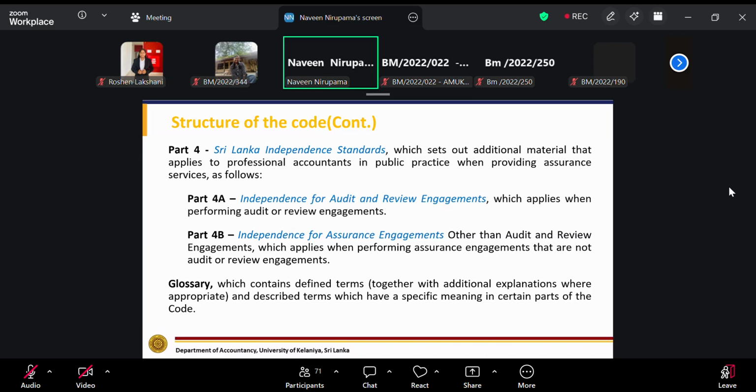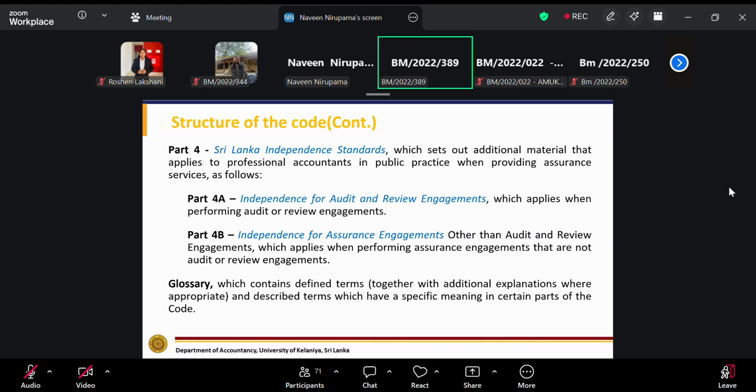There are two types of assurance services: independence for audit and review engagements, which applies when performing audits or review engagements, and independence for assurance engagements other than audit and review engagements, which applies when performing assurance engagements that are not audit or review engagements. These are the independence standards the professional accountants should follow.